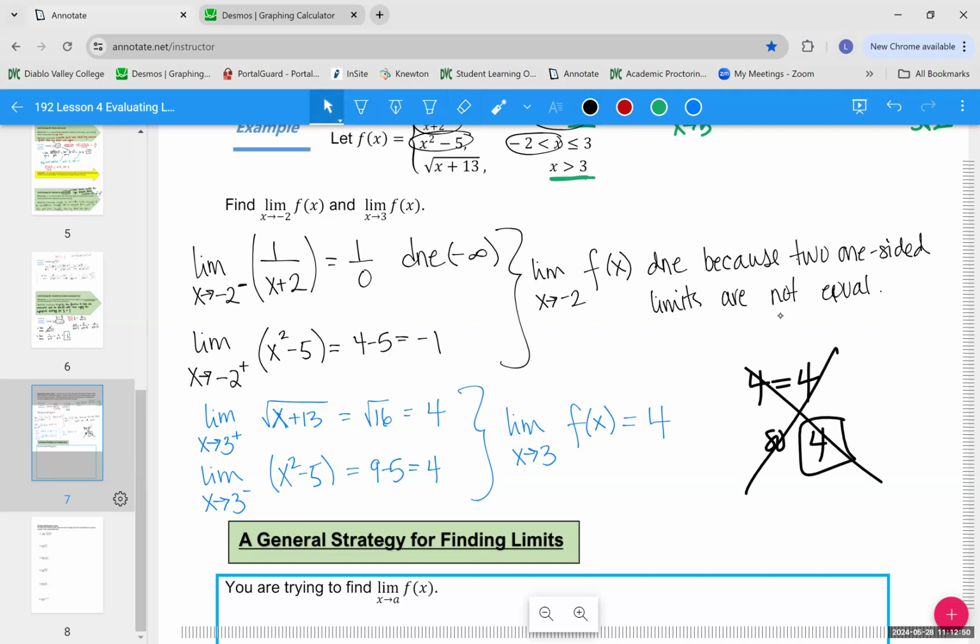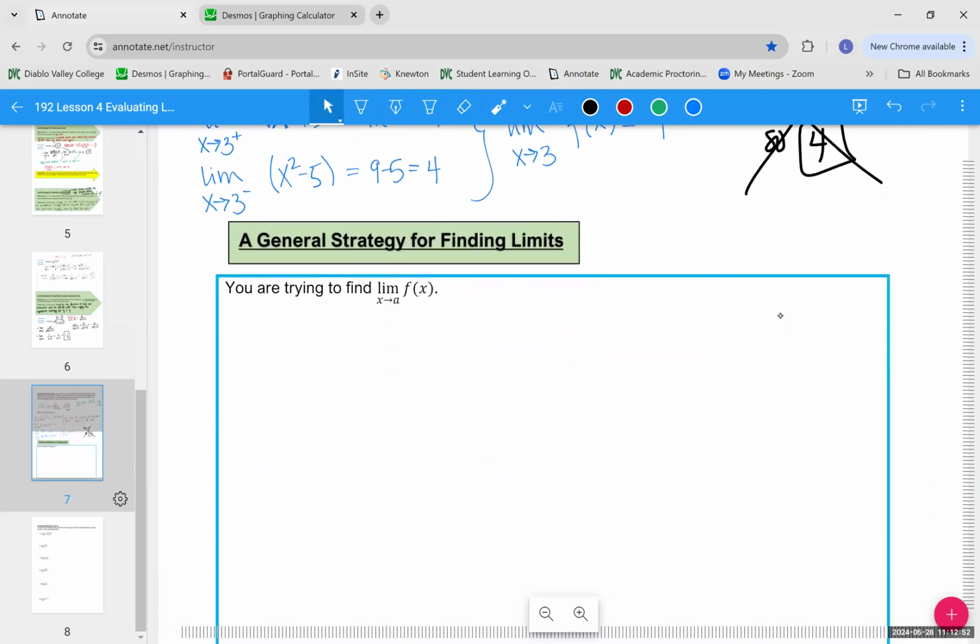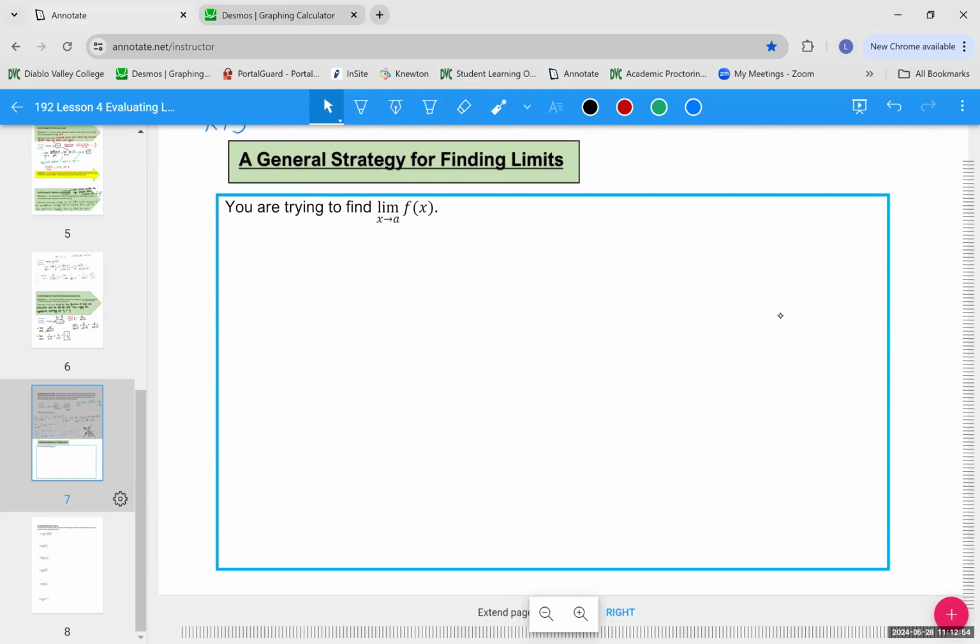Okay, so we're going to end this lesson with a general strategy for finding limits. We've talked about a variety of different strategies, but we want to make sure that you know when to use what. So what do you always start with?